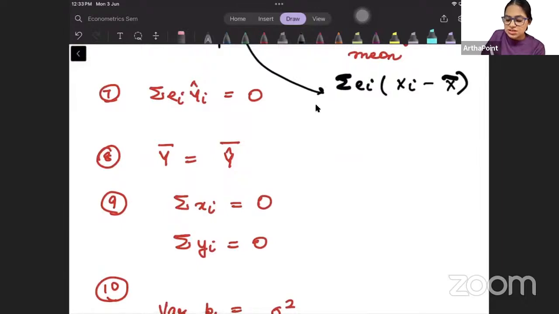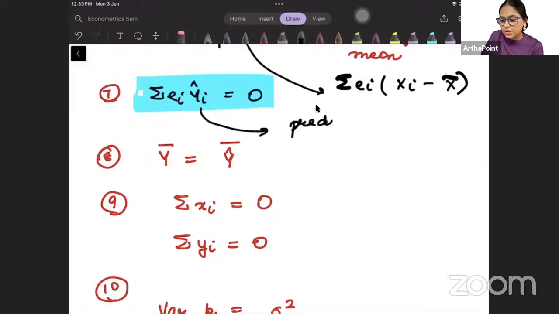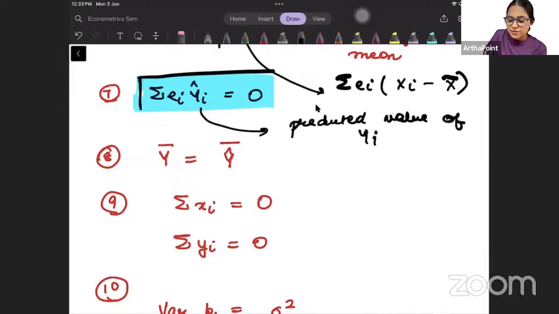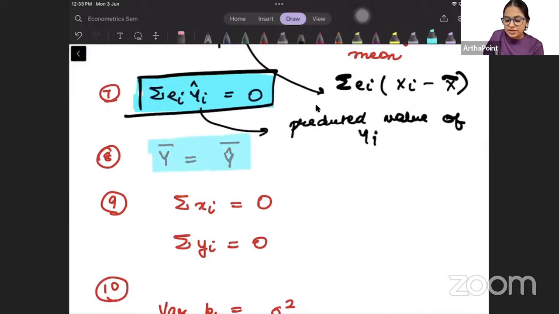Okay, now this says that summation EI yi hat, where yi hat is the predicted value of y. So summation EI yi hat is also 0. But this says that mean of y and yi hat is the same.